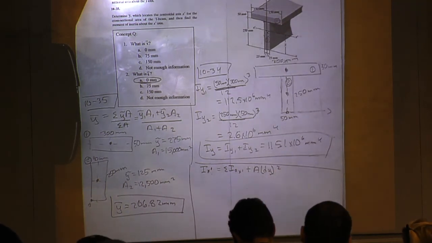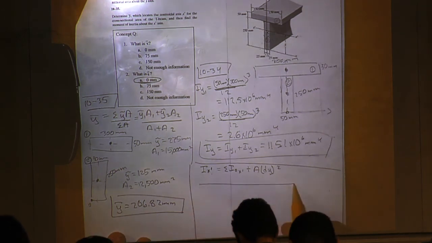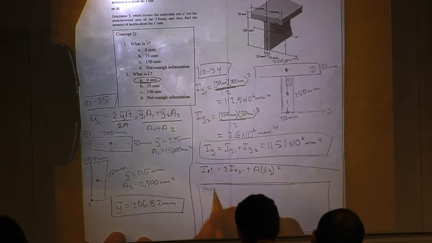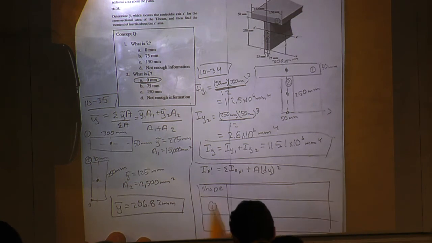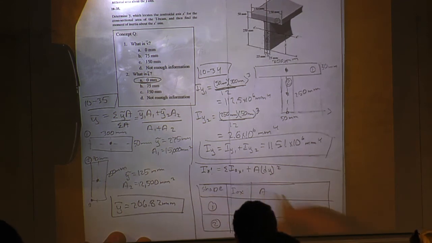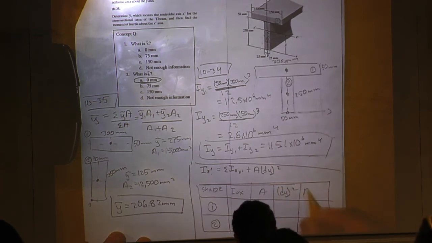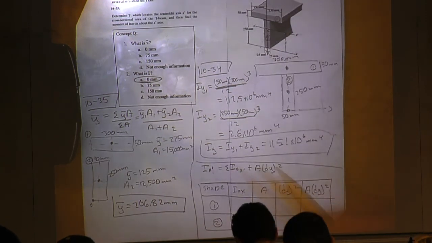Okay, and so we'll do shape. And then this would be I naught x. This would be area. And this is dy squared. This is a dy squared, just to make our lives easier. Okay, so we need to sum these, right?